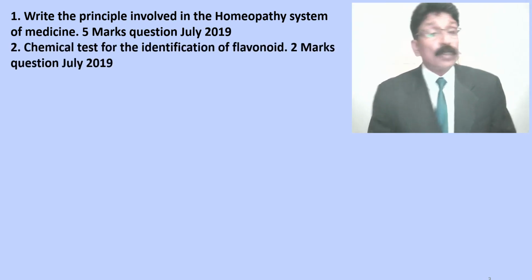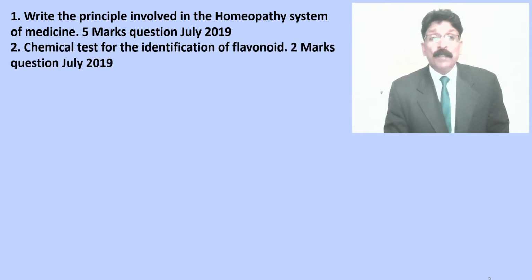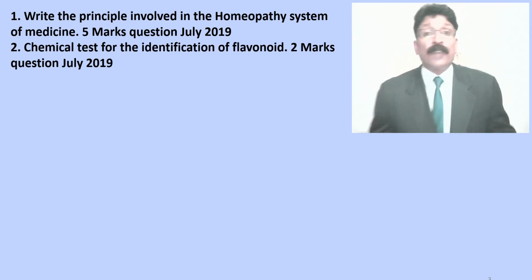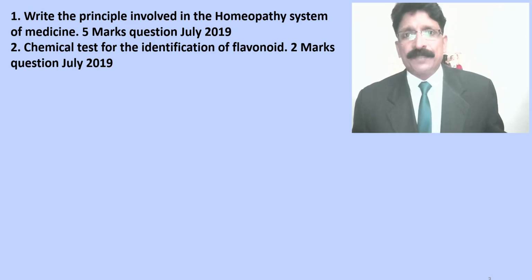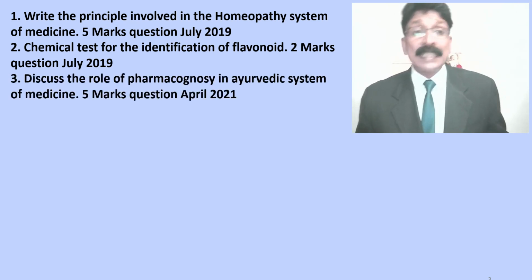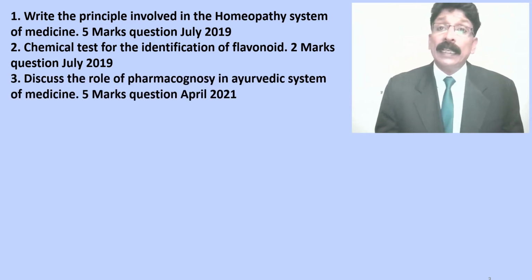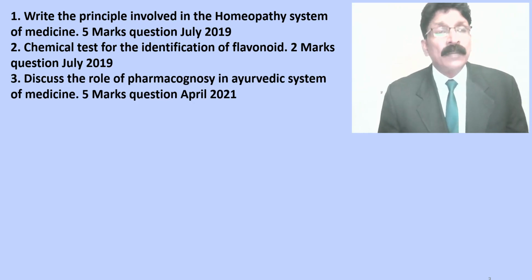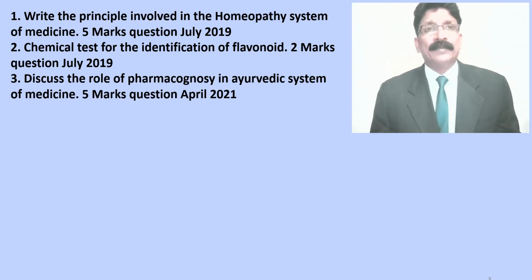Second question which they asked in the same question paper, July 2019, 2-mark question: chemical test for identification of flavonoids. Discuss the role of pharmacognosy in Ayurvedic system of medicine. 5-mark question.